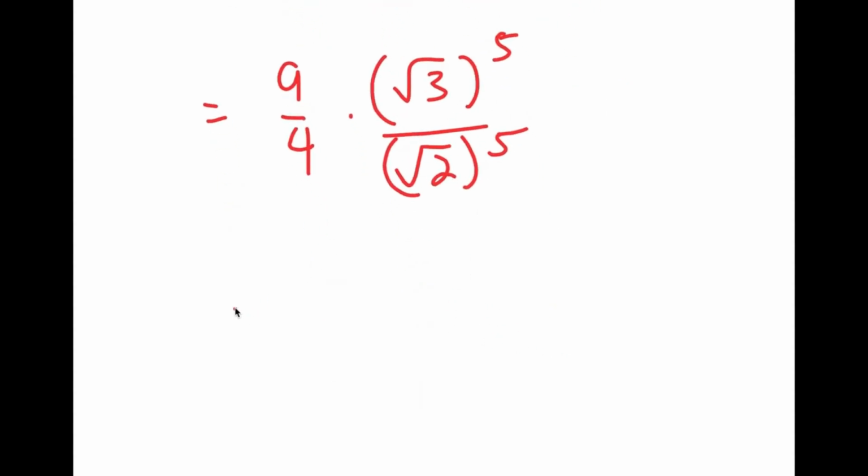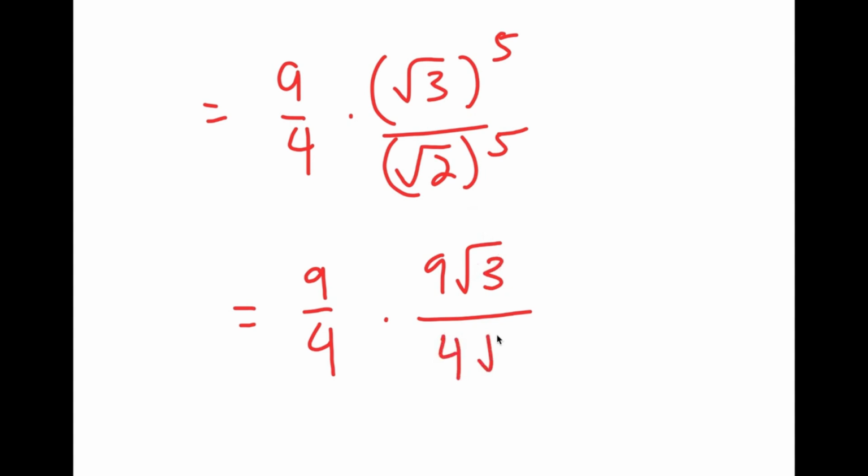Now the square root of 3 to the power of 5 is equal to 9 root 3, and you can get this by simply multiplying the square root of 3 five times. And the square root of 2 to the power of 5 is equal to 4 root 2.